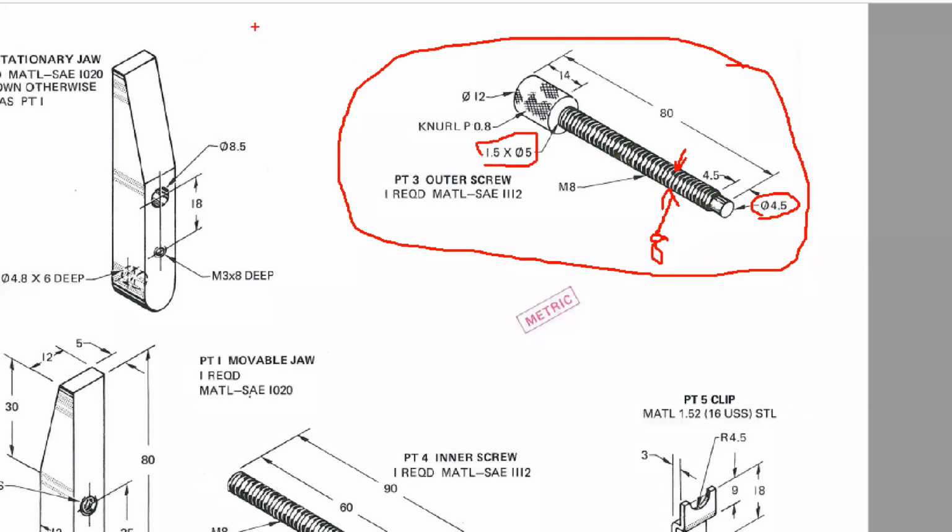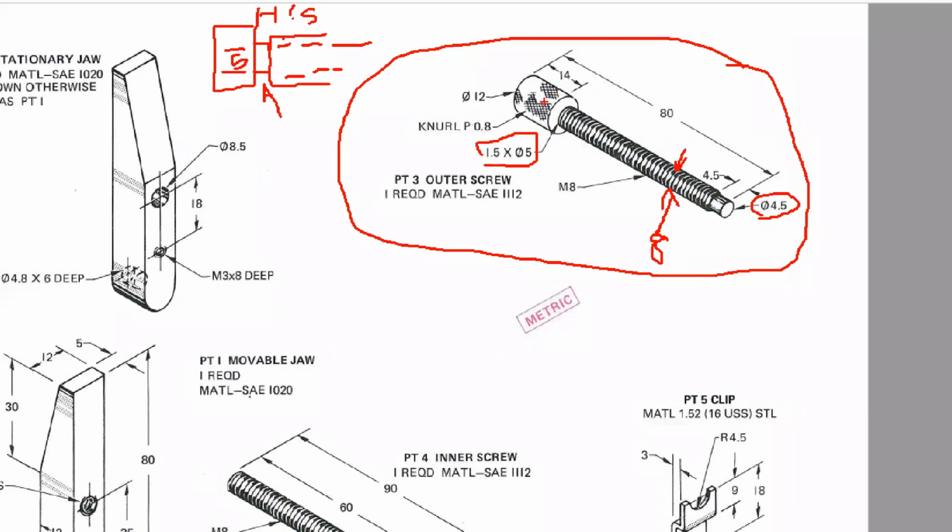What that means is we've got the head of the thing here, we've got a little undercut right here, and here come the threads. So this simply means that this gap here is 1.5 wide, and this diameter here is 5. Does that make sense? It's talking about the little neck end right there. It's hard to see on that, but that's what that's pointing to.